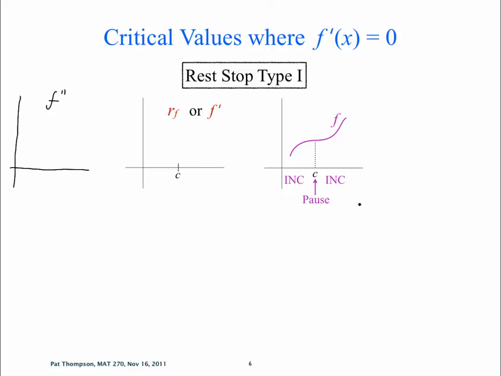Okay, here we go. Increasing, pause, increasing. What does it mean for the rate? Positive, 0, positive. So the rate's going to be positive, and then it's going to be 0 at that moment, and then return to being positive.